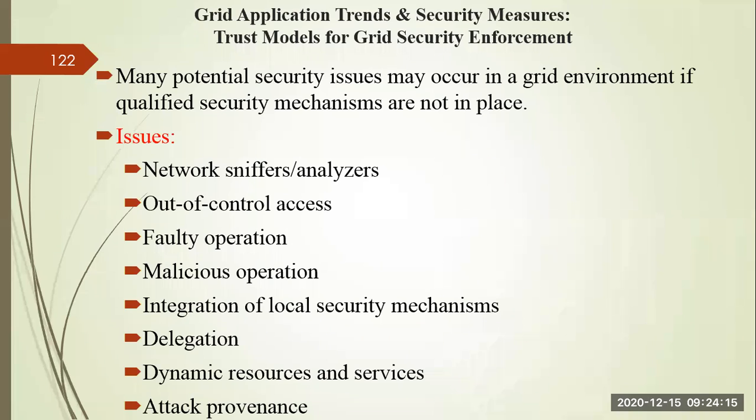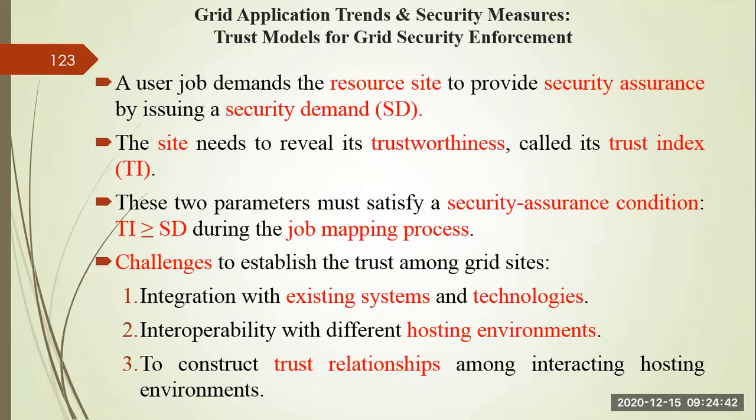You want to integrate the local security mechanism with the grid security mechanism. In that also, compatibility or interoperability issues will come. Delegation is an issue, dynamic resources and services, and attack provenance are issues, right? Anybody can do a man in the middle attack on the grid resources, right? Now, see here how this security enforcement is done.